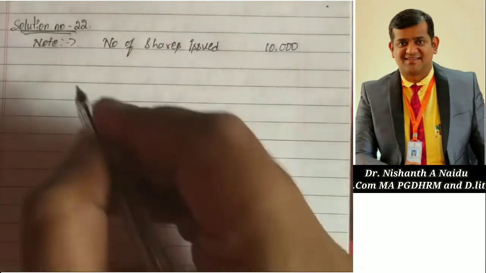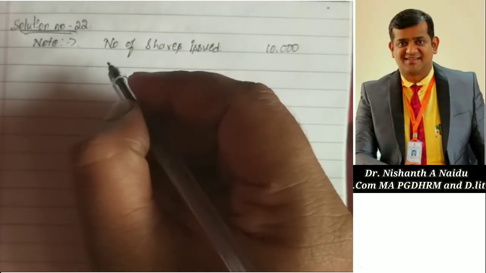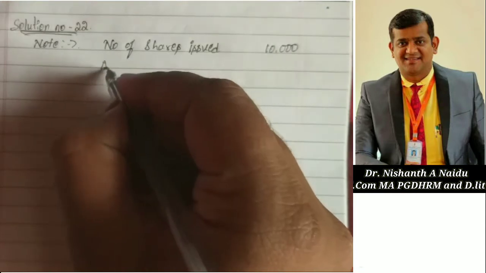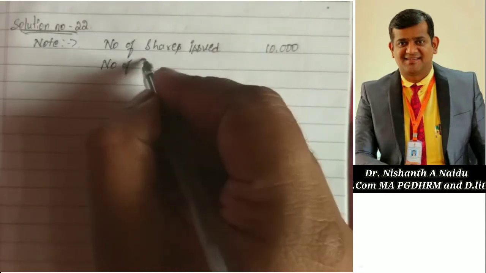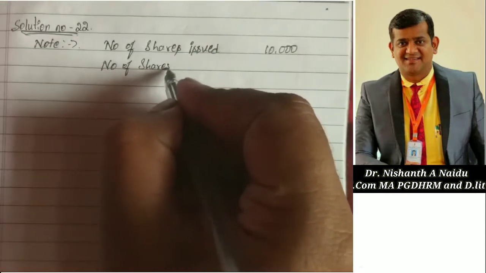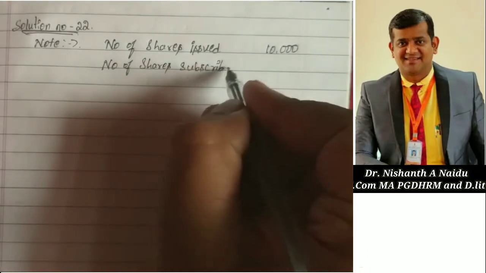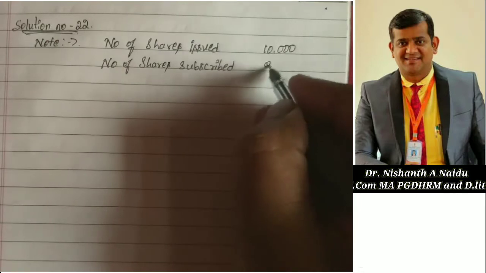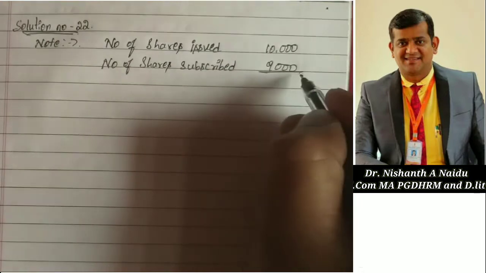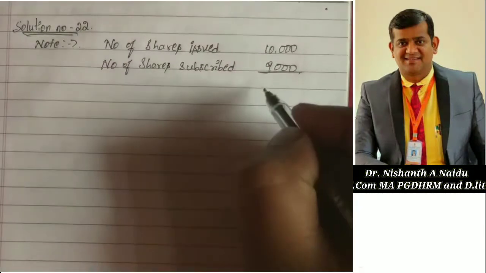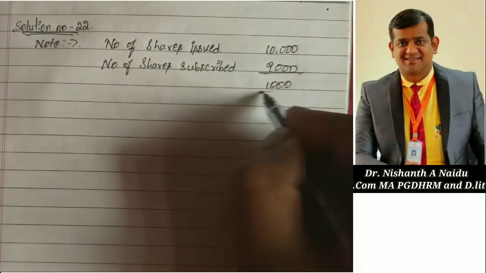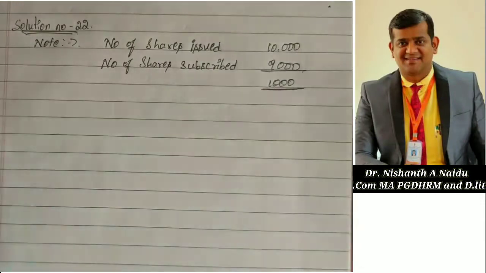10,000 shares. But the public applied for, that is, the number of shares subscribed. How many shares did the public apply for? 9,000 shares. So the balance of 1,000 shares is with the company.